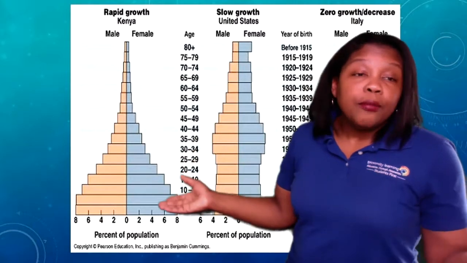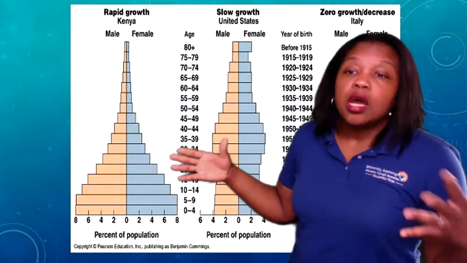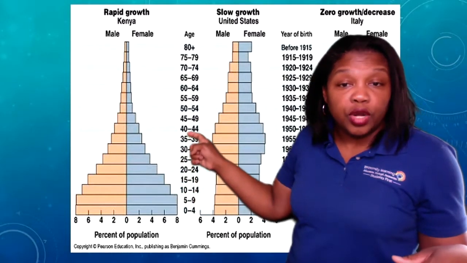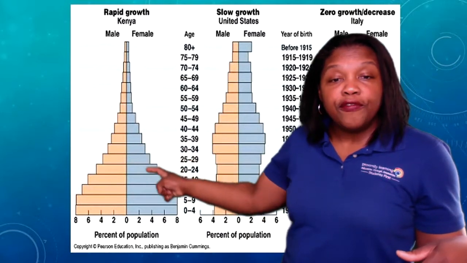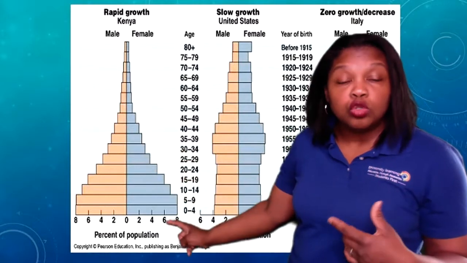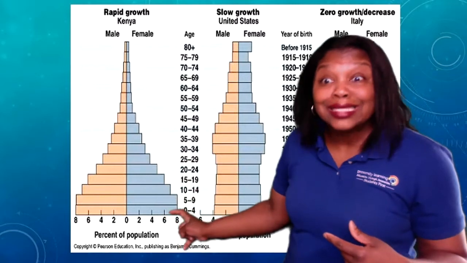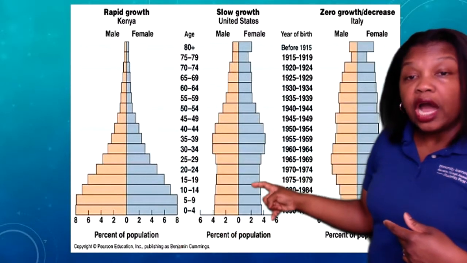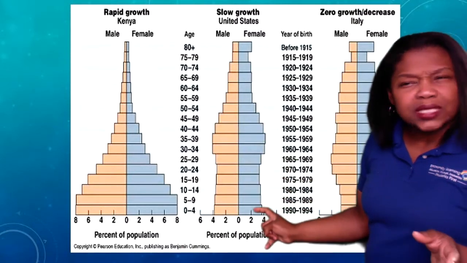You figure a woman is able to have a child on average, we'll say 15 into their 40s, okay? And you see how in Kenya, you have fewer childbearing women than you do children. In other words, these women are having lots of kids.